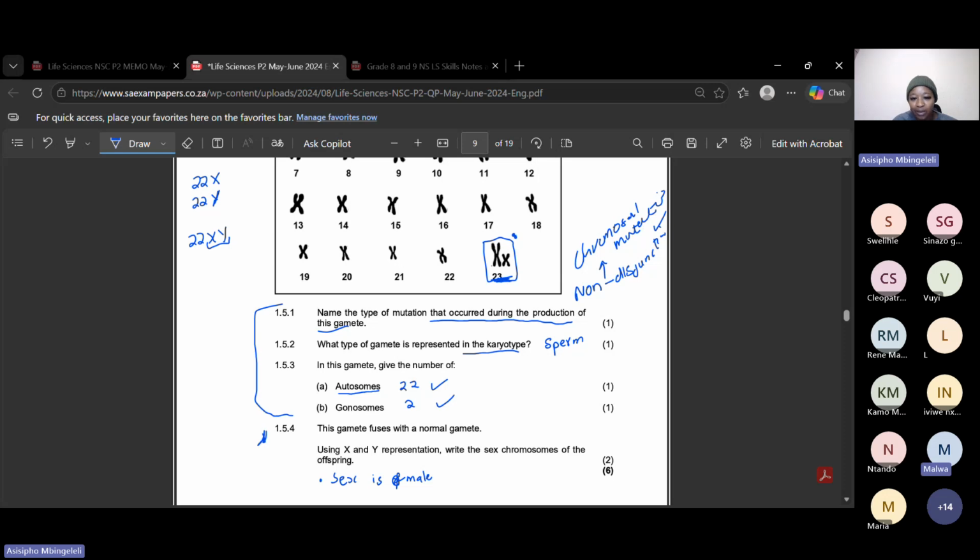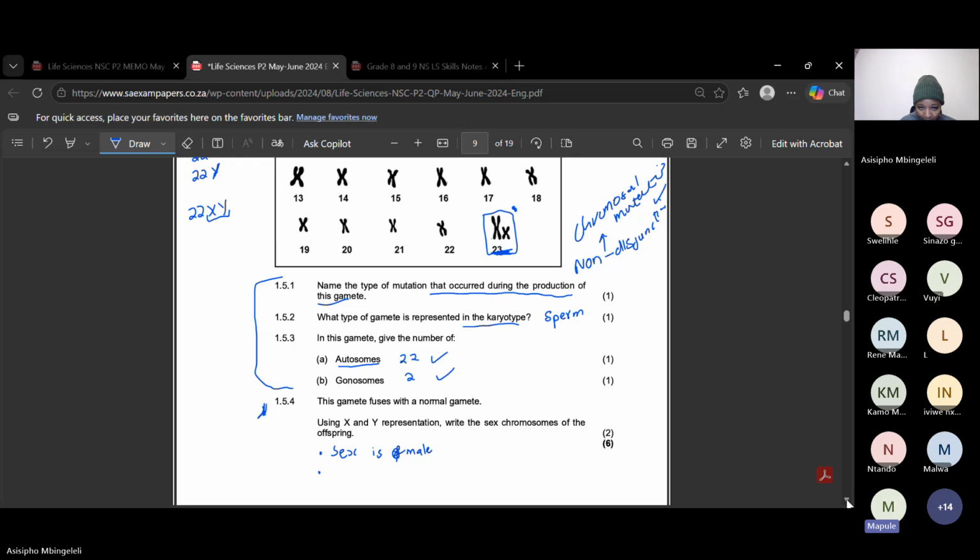I'm listening, Mapule. Hi, ma'am. I also said it's a female, and then, using X and Y representation, write down the sex chromosomes of the offspring. I did some bit of a calculation. I don't know if that's okay. What did you get in your calculation?